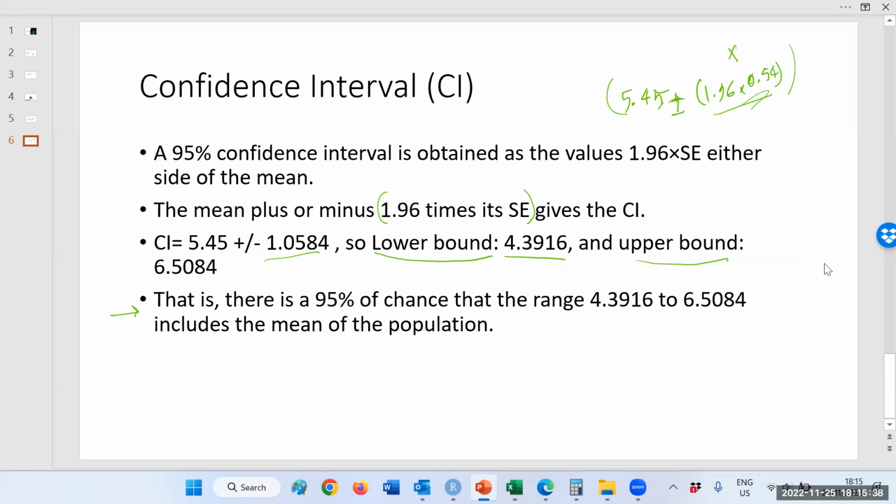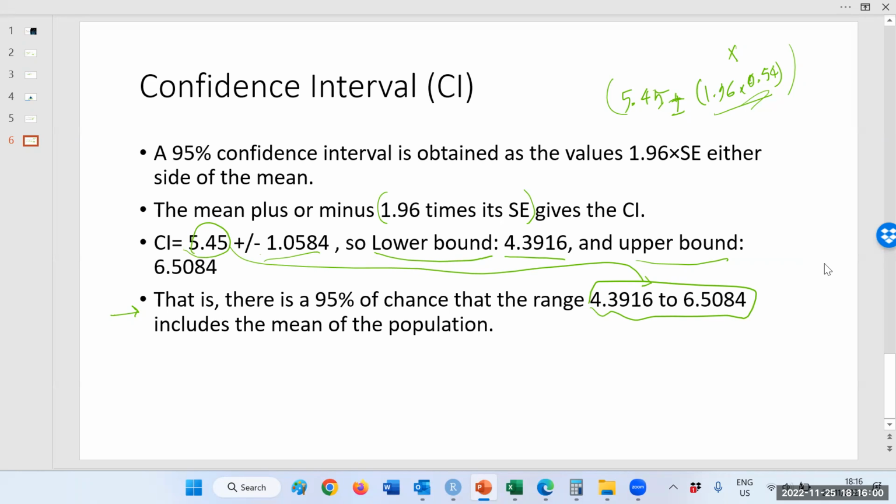So the mean of the population, in other words, falls between these two statistics. And it's also interesting to note that the mean of your sample also falls between this interval, is somewhere there. So this could be a representation of the mean of your population.